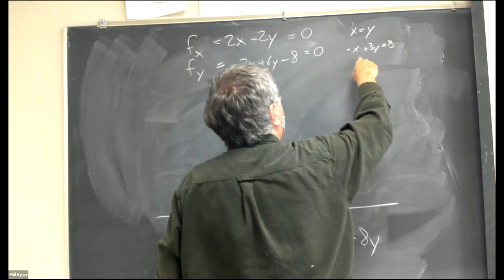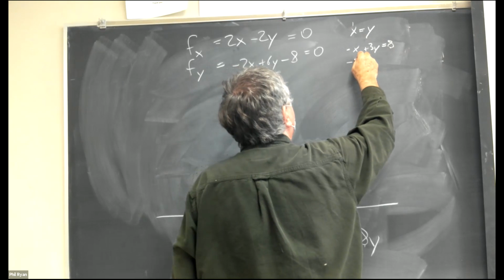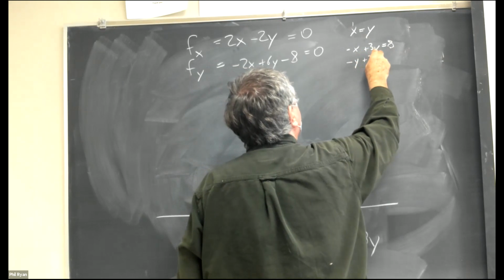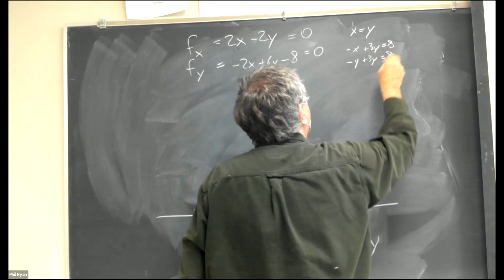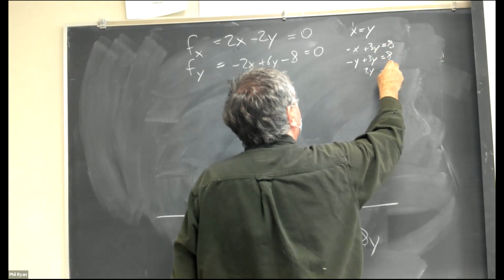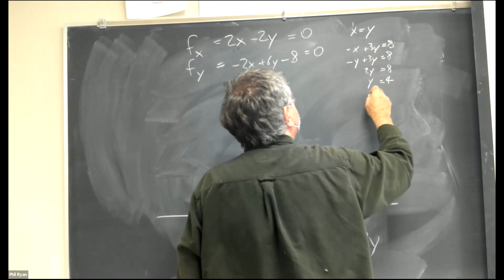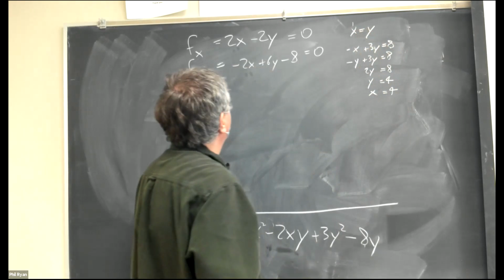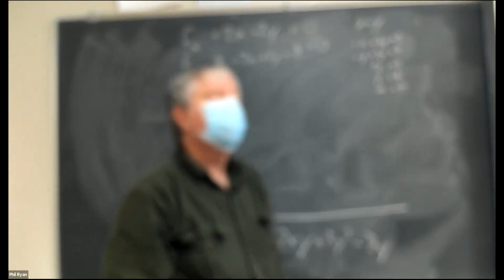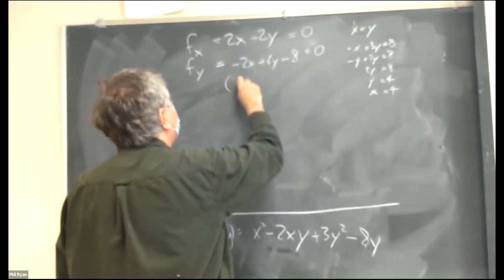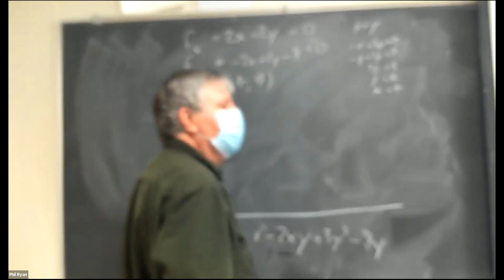If x equals y, then we can replace minus x by minus y. That's 2y equals 8. So y equals 4. X has to equal 4. Okay, so (4, 4) is the critical point.